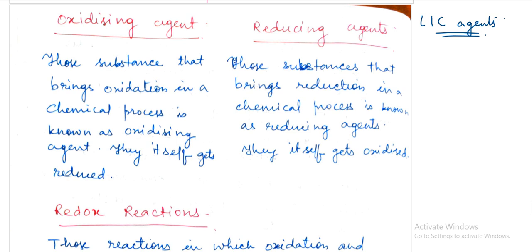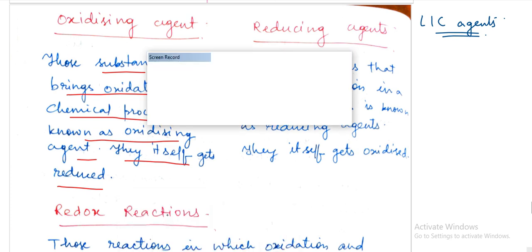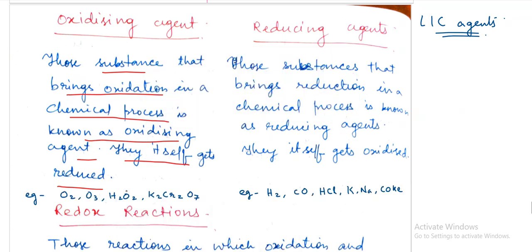So let us see the definition of oxidizing agent. Those substances that bring oxidation in a chemical process are known as oxidizing agents. That means they bring oxidation in a chemical process, and by that they themselves get reduced. So remember that oxidizing agents get reduced themselves.